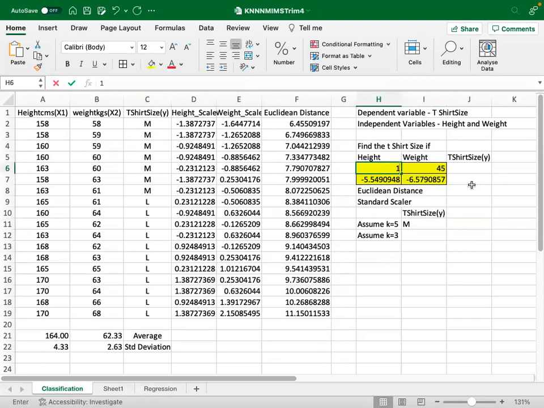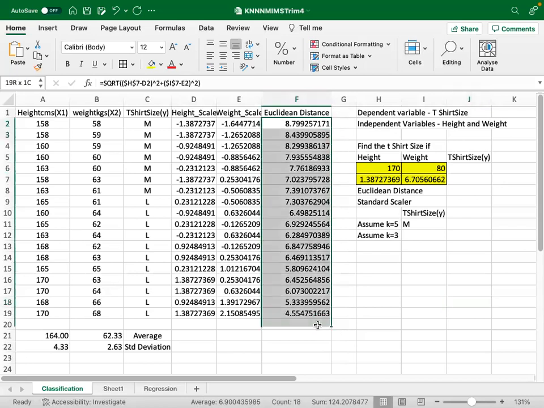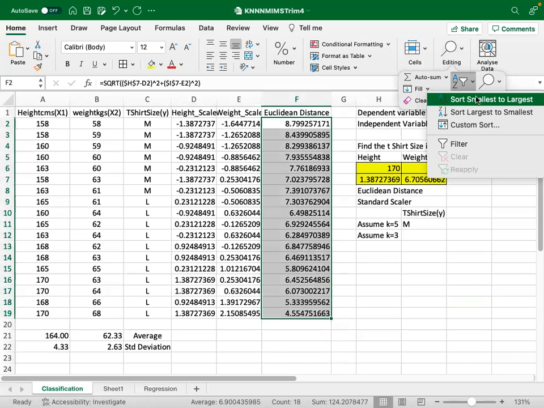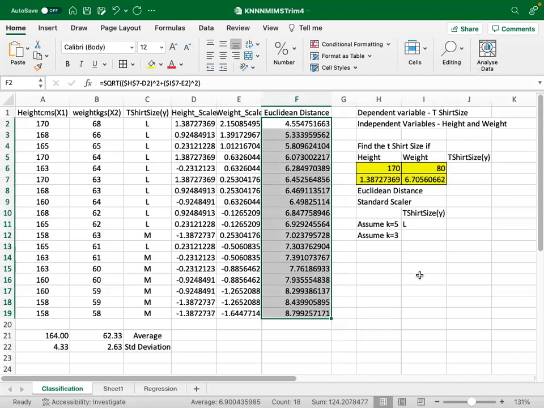If you say height 170 and weight 80, and then you sort the distance, smallest to largest, you get L. Got the process? Scaling and then calculating the Euclidean distance, and then we get the result. Fine. This is how it will work.